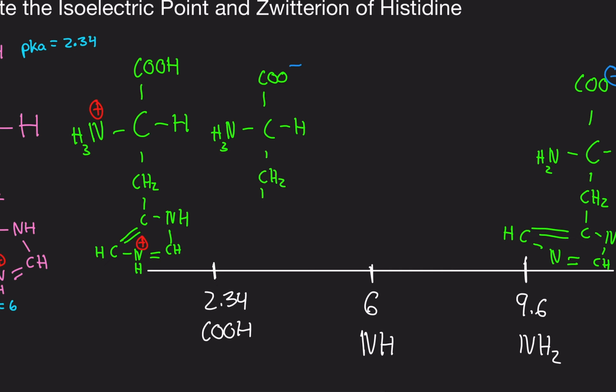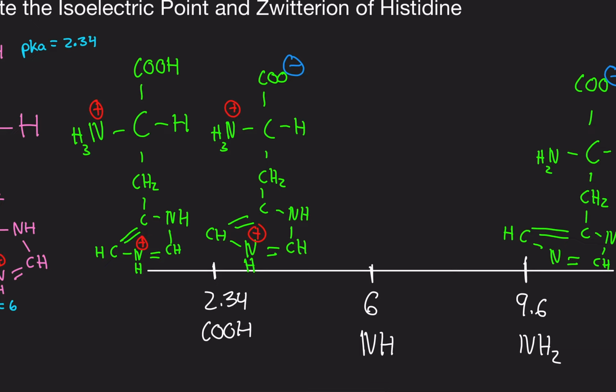CH2, carbon, nitrogen, and hydrogen here. CH. This stays the same because we did not cross that boundary. Excellent. Oh, and then one here. All right.